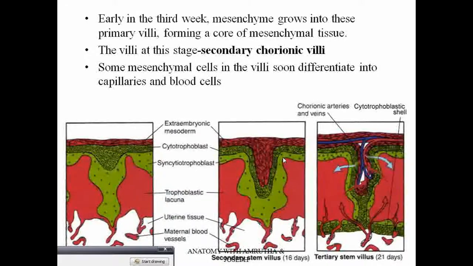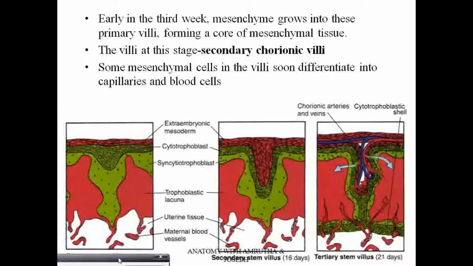Okay, coming back to the placenta again, let's understand this diagram. These are different diagrams showing the different stages of the chorionic villi formation: the primary chorionic villi, secondary, and the tertiary, which is called mature.